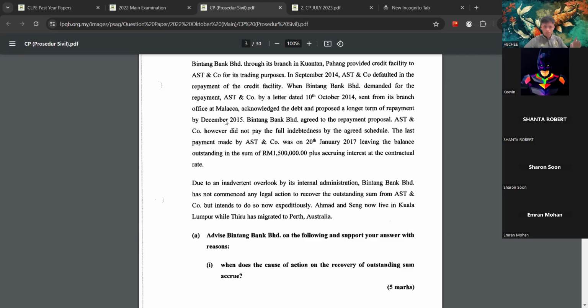They agreed on this date, so the 2014 date is not valid at all. Now, after they agreed to the longer term of repayment, AST and Core again defaulted on 20th January 2017. So this will be the final date of accrual of the course of action.